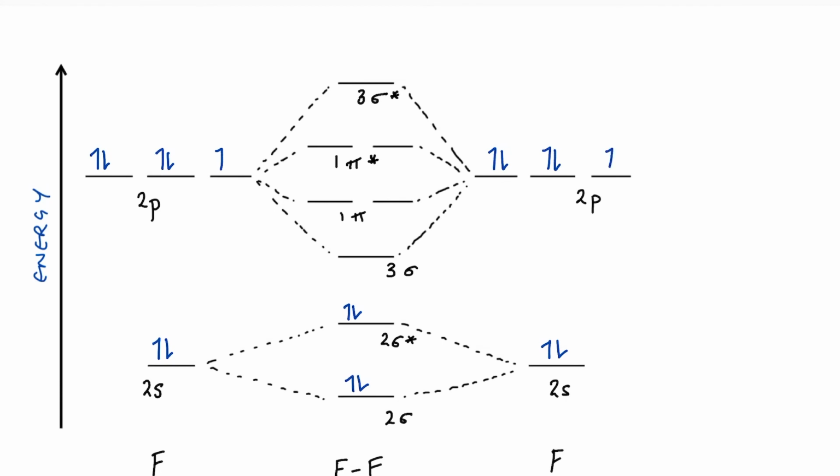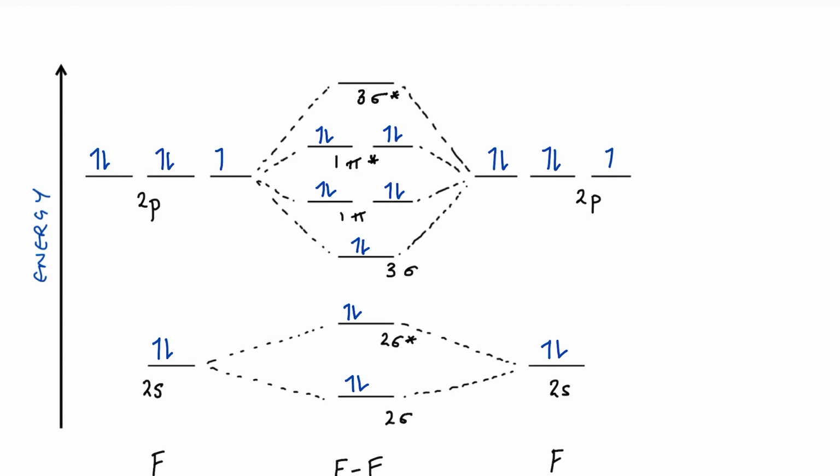So I'm going to use 2 of them to fill my 3 sigma, always filling from the bottom up. My 1 pi is going to be filled, and my pi antibonding is going to be filled. So all the atomic electrons are now placed in the molecular orbitals between my 2 fluorine atoms, these new orbitals.